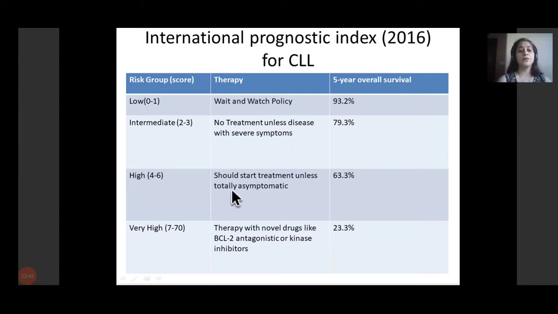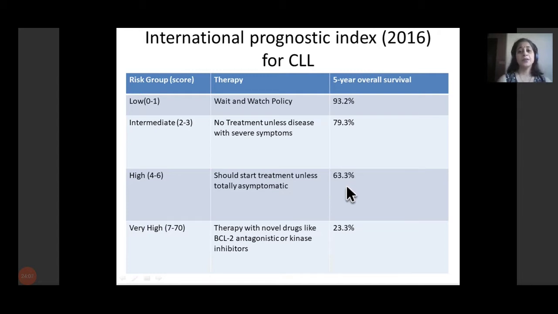If the score is higher, between 4 to 6, treatment should be started immediately unless the patient is completely asymptomatic. So a lot of stress is given to the manifestation of symptoms in CLL patients for initiation of treatment.